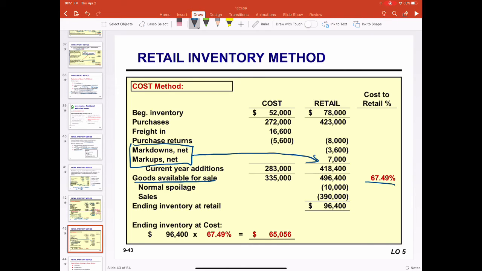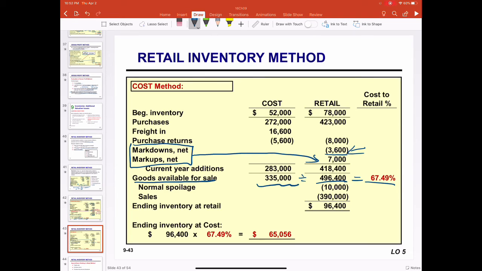So the cost has no difference from the conventional method because there's a markdown of 3,600. The total retail value of goods available for sale is 496,400, which is 3,600 less than the conventional method. You can go back to the prior slide to check. Then the ratio is 67.49%.